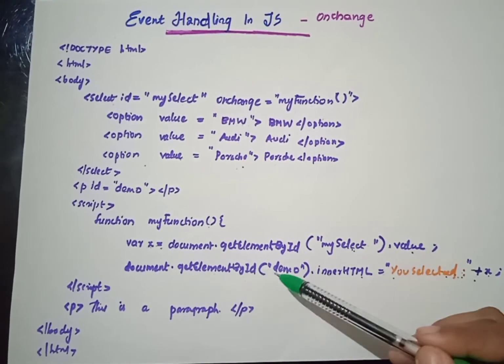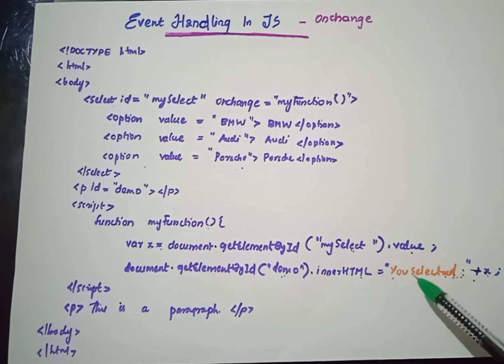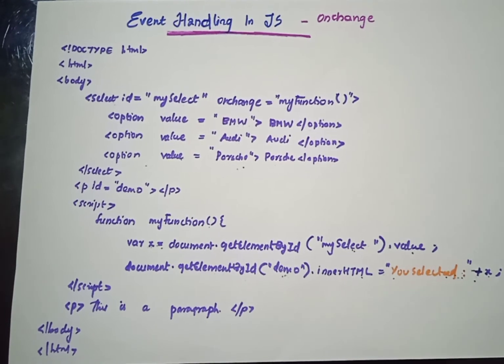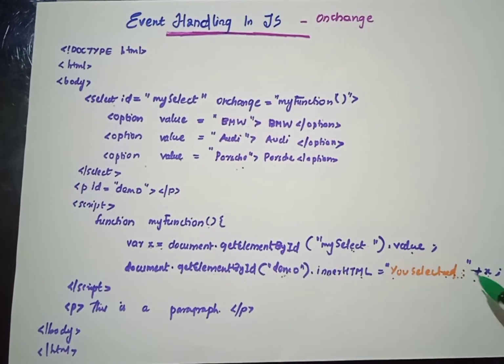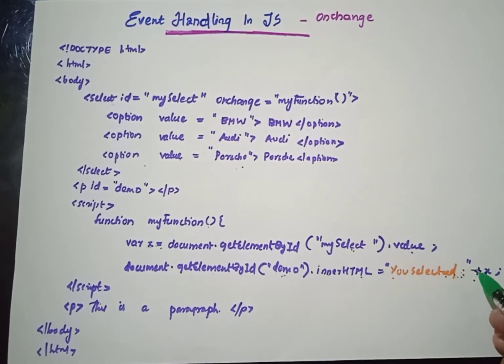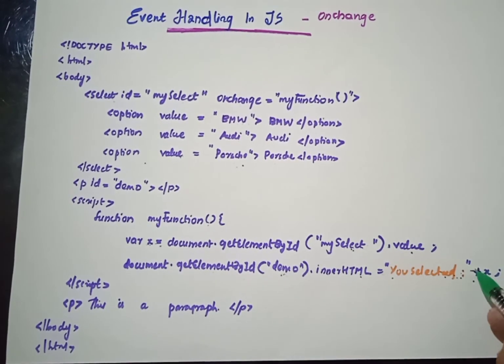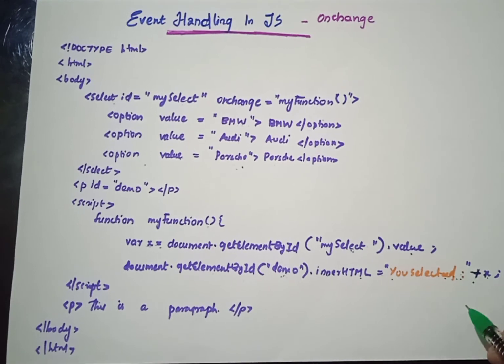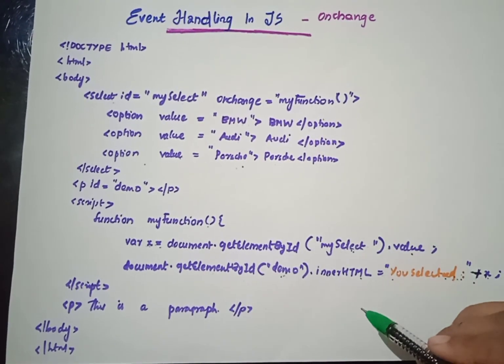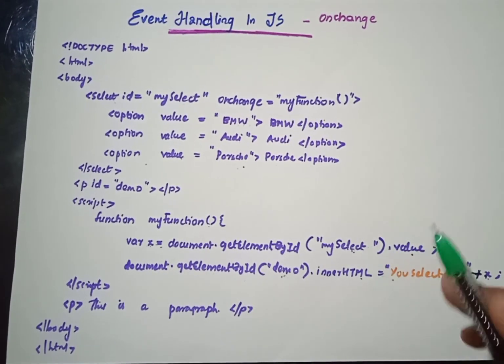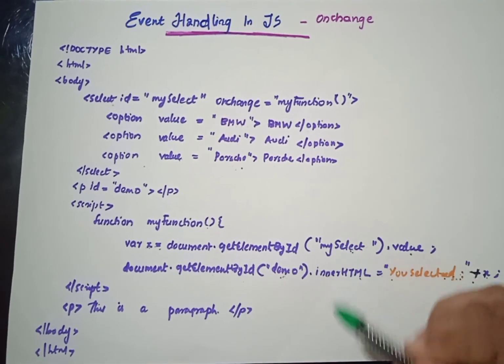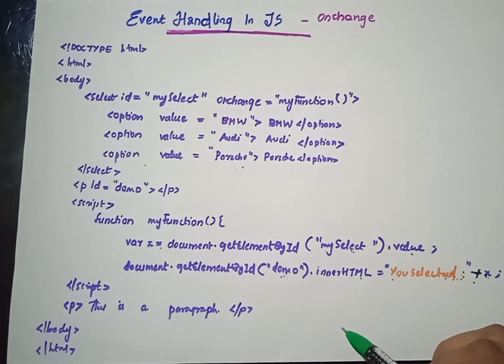That is inside innerHTML equal to whatever format you want to display, and you have to display the value that the user selected. For that we are adding the variable x using this plus sign. So this is the purpose of using the onchange event in our pages. Thank you.